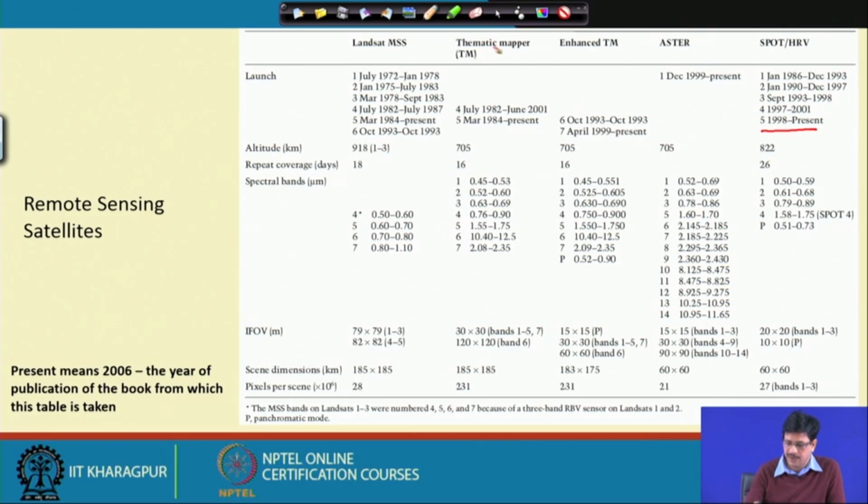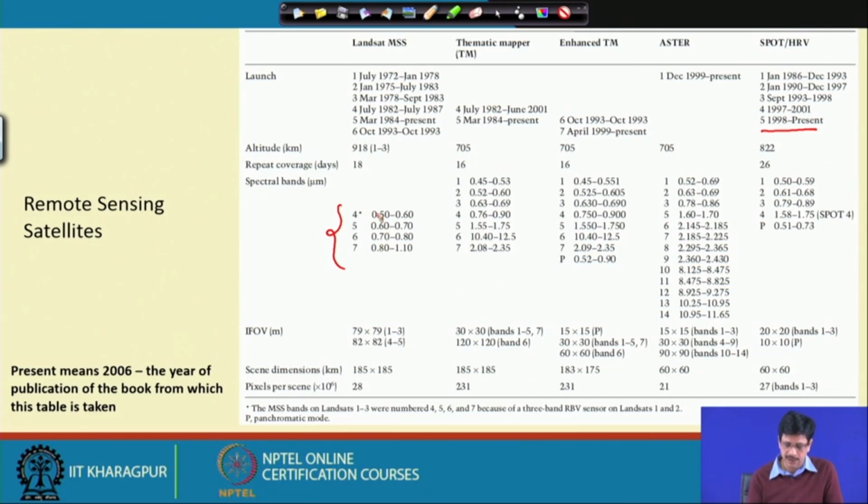And you could see the thematic mapper, and the multispectral scanner, which was working within the wavelength of the spectral bands 4, 5, 6 and 7: 0.5 to 0.6, 0.6 to 0.7, 0.7 to 0.8, 0.8 to 1.1 in terms of micrometer.